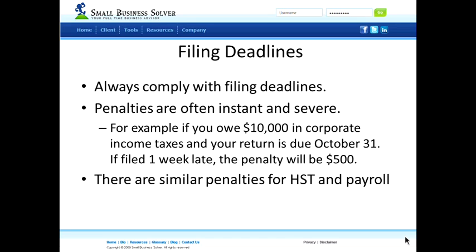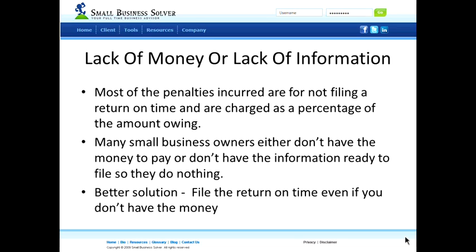Plus, you're then charged interest on that penalty as if it was incurred at the due date. For example, if you owed $10,000 in corporate income tax and the return was due October 31st, even if you only filed 1 week late, that penalty is still $500. There are also similar penalties for HST and payroll taxes. Next slide.